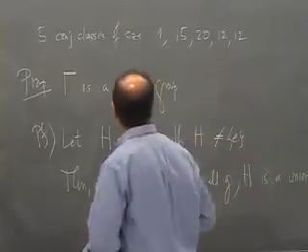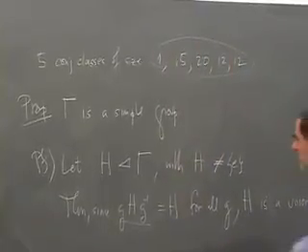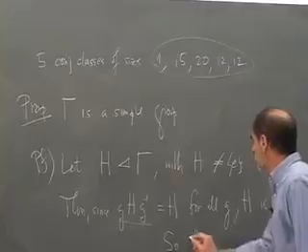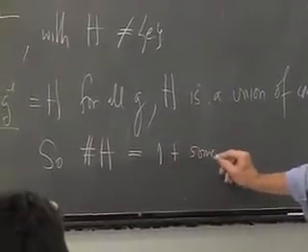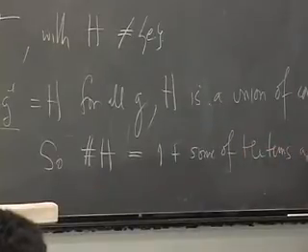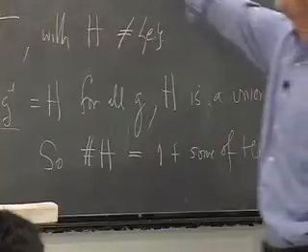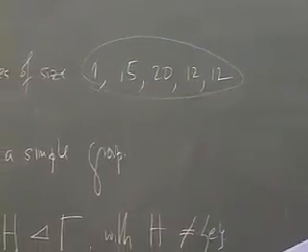Okay, so then I have to figure out what could be the order of H. So I have to put together a subset of these numbers that adds up to the order of H. So the order of H is equal to 1 plus sum of the terms above. Maybe it could be 1 plus 15, or 1 plus 20, or 1 plus 12 plus 15, something like that.